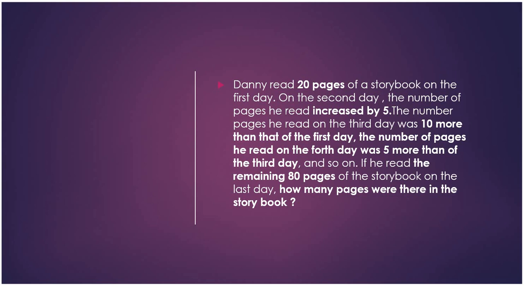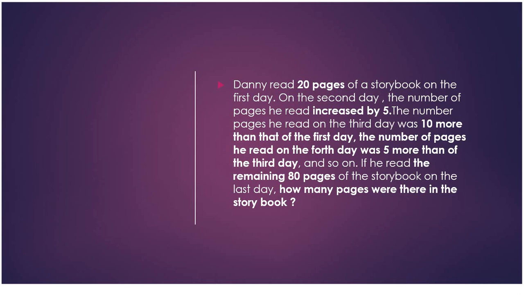So Danny read 20 pages of a storybook on the first day. On the second day, the number of pages read increased by 5. So 20 pages the first day, increased by a sign of addition, right? So you have to plus 5 to 20. The next number would be 25. The number of pages read on the third day was 10 more, again addition.